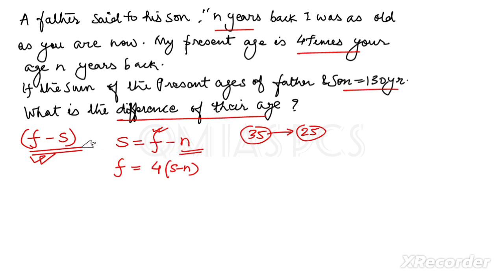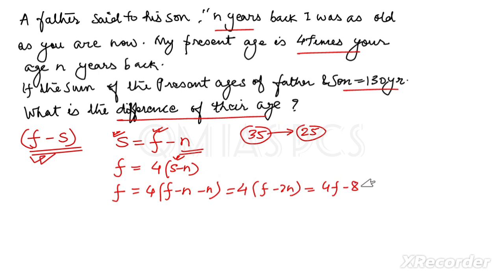So what I am saying is, you can substitute this value of S here. It will be 4 times S, and in place of S you can write F minus n, minus n, that will be 4F minus 2n. And here is also F. So now you can expand this one, it will be 4F minus 8n.